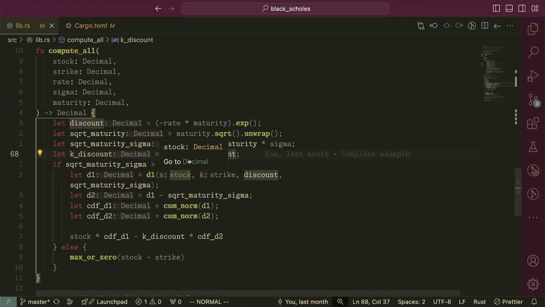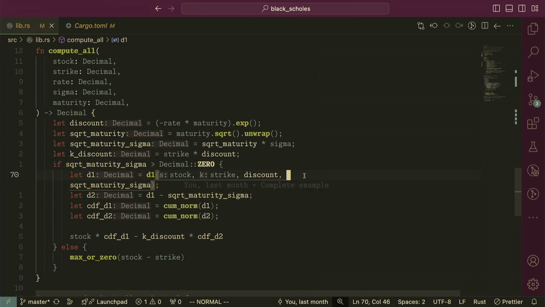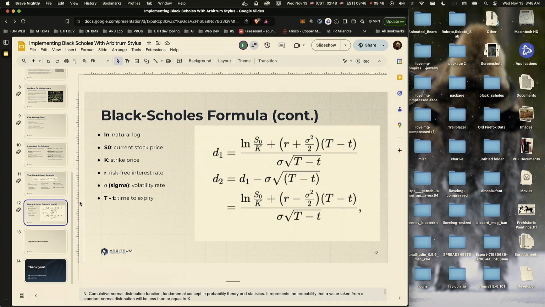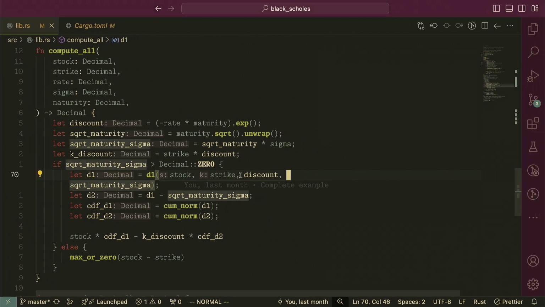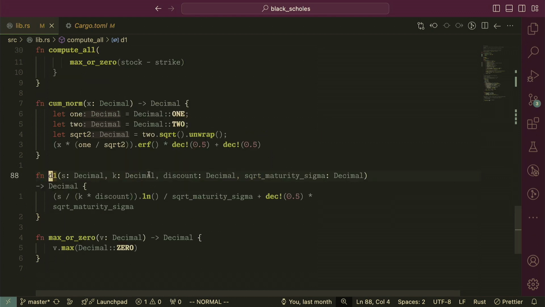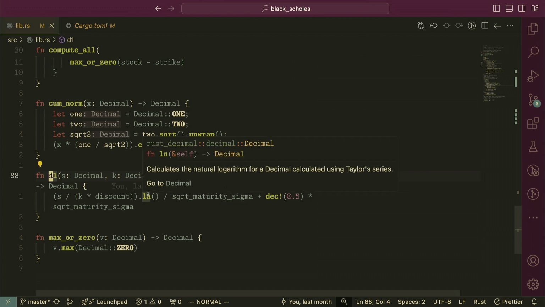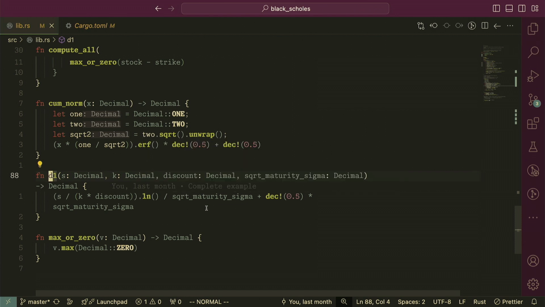And then as long as it's over 0, we're going to compute D1 and D2. Those are the D1 and D2 components of this formula here. For D1, we've got a custom function for computing that, where we're taking S over K times the discount, getting the natural log of that, dividing it by the square root of the maturity.